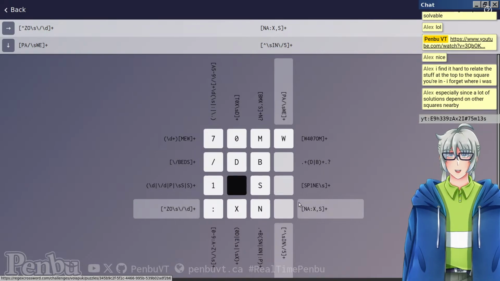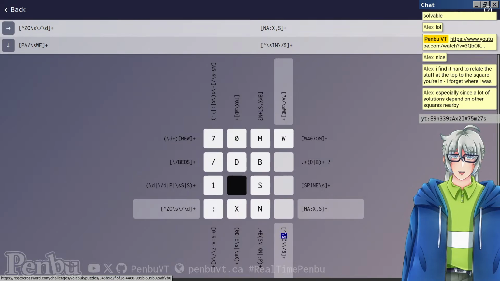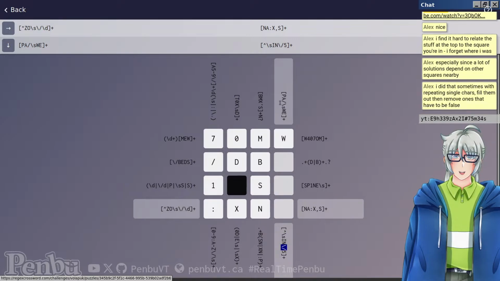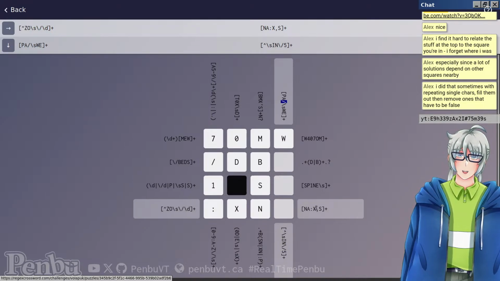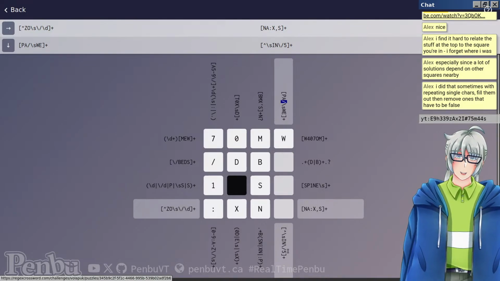So we have 3 more. PA/space WE. So we do have the space, but we can't do space because it's in here. I can't do slash because it's in there. Did that sometimes, repeating single characters, fill them out and remove the ones that have to be false. Yeah, that's a way to do it as well.